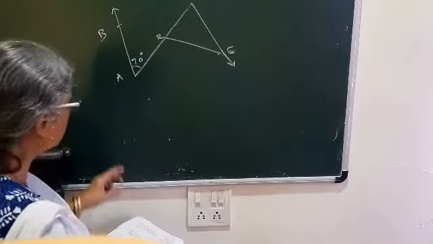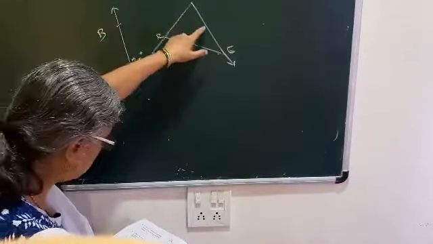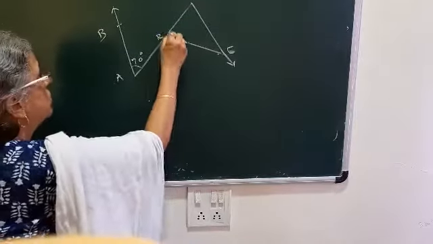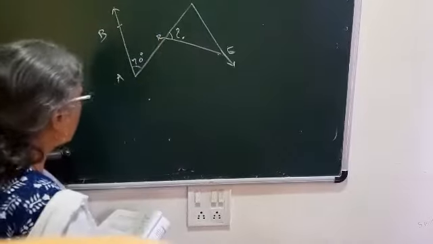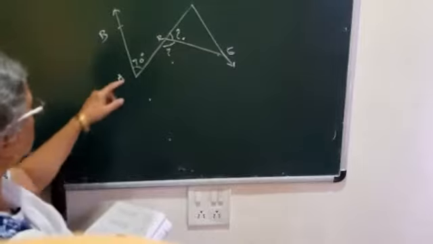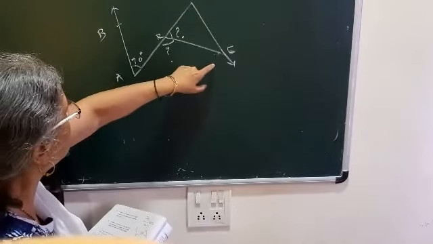So here they have given line AB parallel to line DE. Find the measure of angle DRE. This you are going to find out. And ARE.